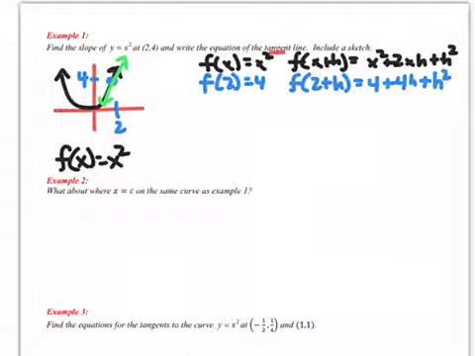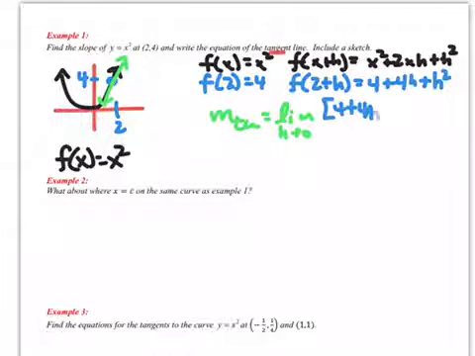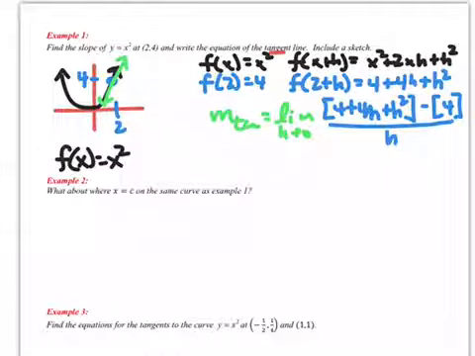And now what we're going to do is find the slope of the tangent line by taking the limit as h goes to 0 of the difference quotient. So I'm going to take f of 2 plus h minus f of 2 all over h, and see what happens here.